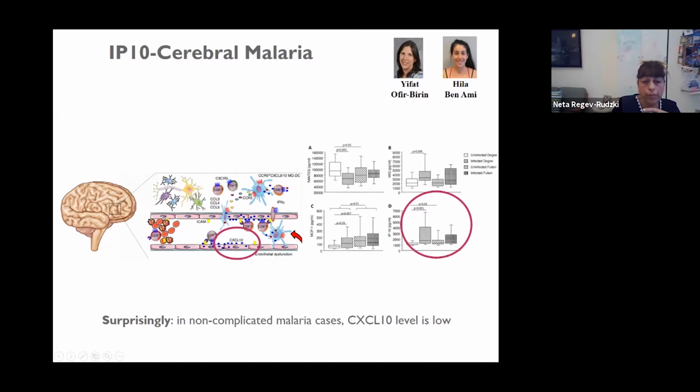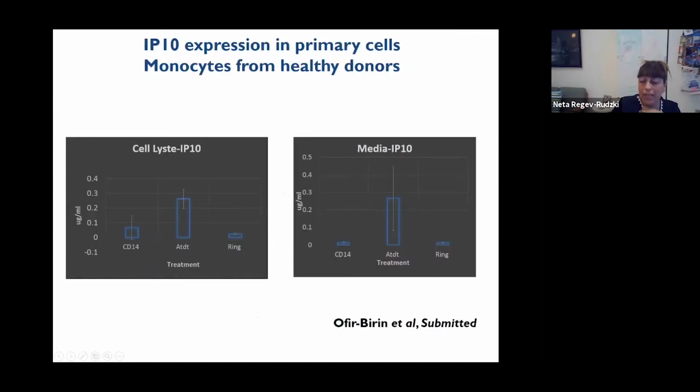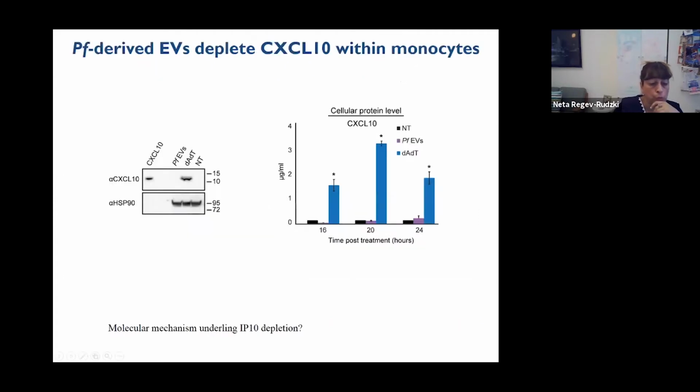First we confirmed that indeed we get the same effect when we use primary monocytes that we got from healthy donors from the hospital. Again, we introduced the parasitic vesicles, and no secretion of IP10. But then we found that actually it's not that the protein cannot be secreted in monocytes, but actually there is complete depletion of IP10 within the monocytes when we introduce the vesicles.